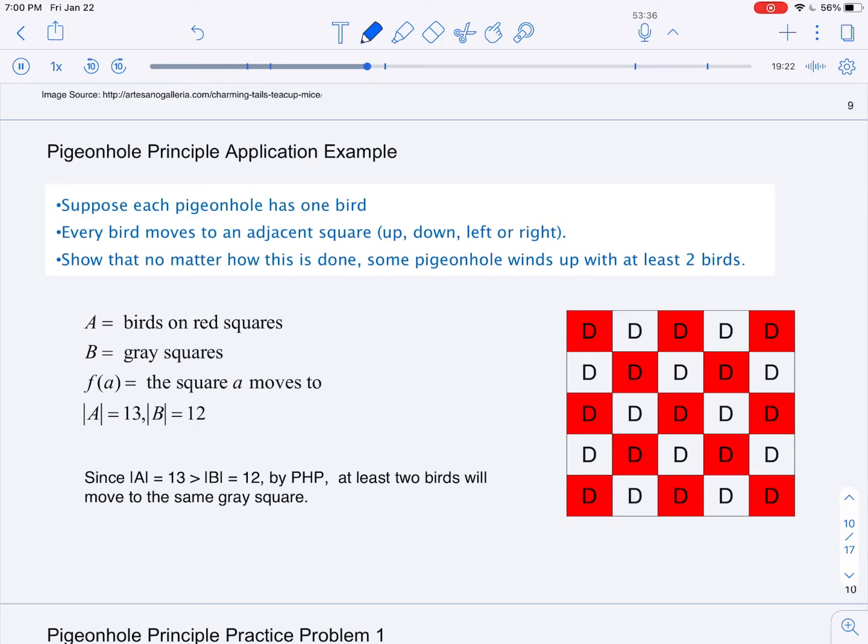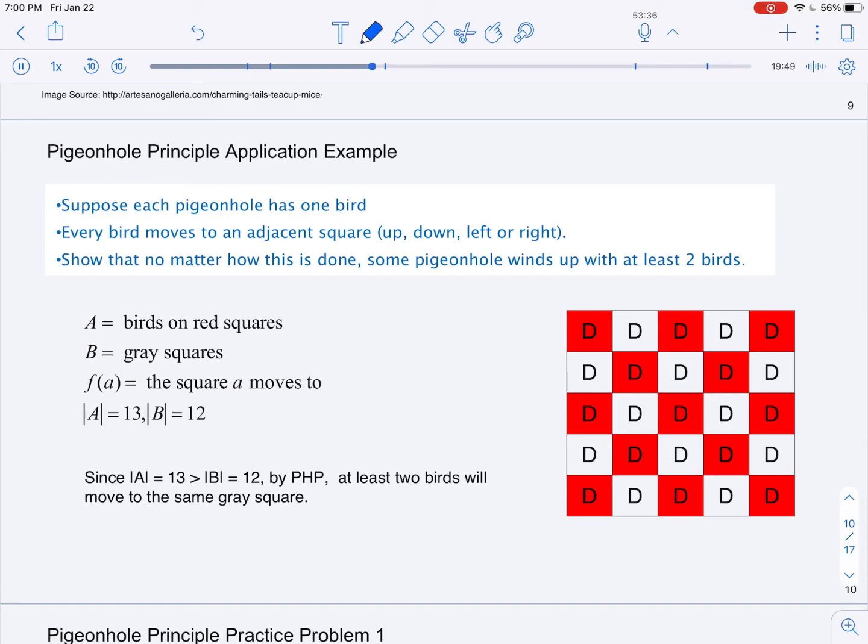Now our function f of A is going to be the square into which the bird in the red square moves. So it's going to be the gray square to which the bird on the red square moves. And so we have this function from A, the birds on the red squares, to B, the set of gray squares.